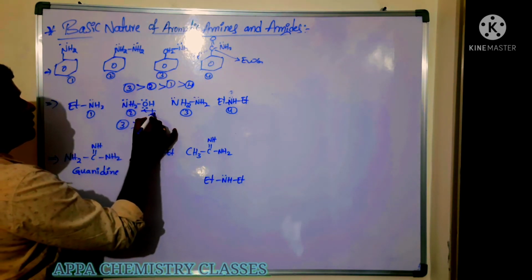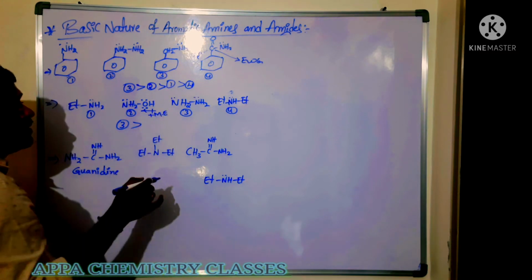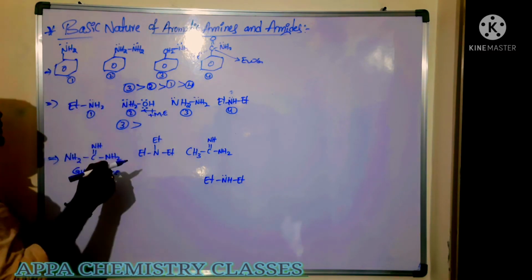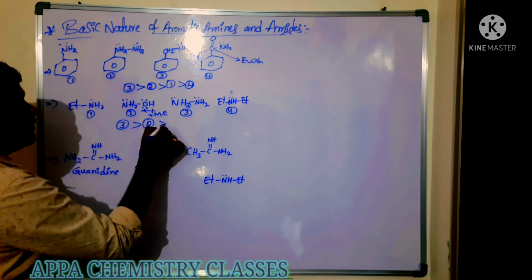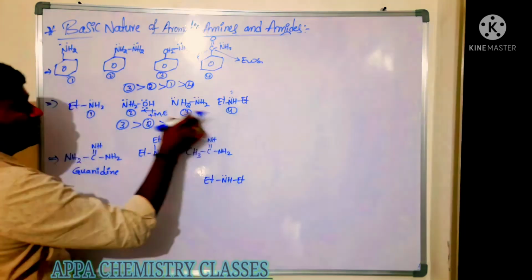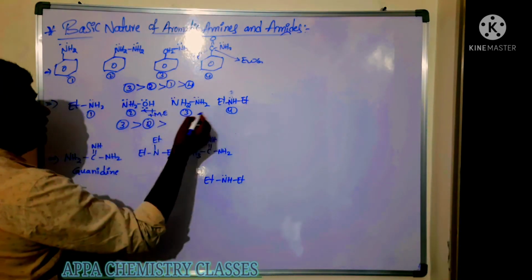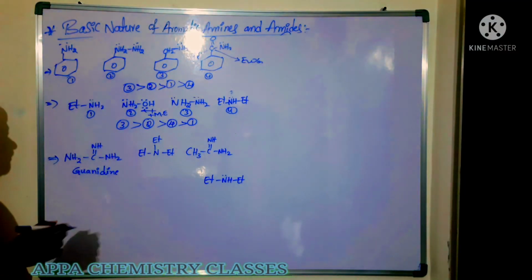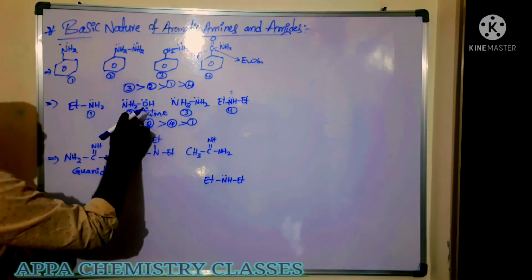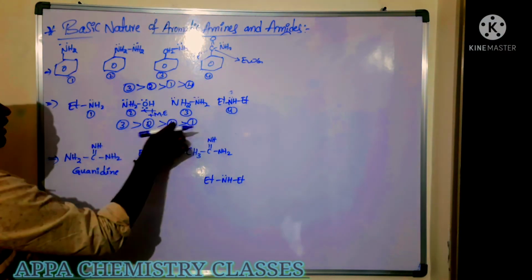Plus M group, plus mesomeric effect group. So it can increase the electron density on the nitrogen. Then it can easily donate the pair of electrons. After that, 1 and 4, that is secondary amine, primary amine. So secondary amines are more basic than primary amine. Have you understood? So 3, after that 2, after that 4, after that 1.